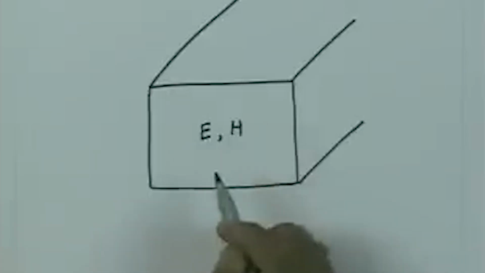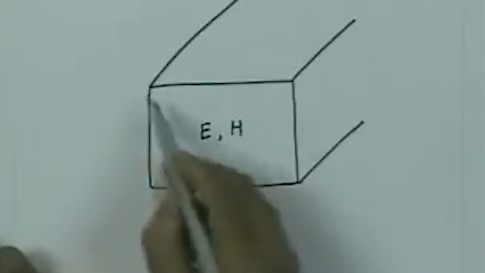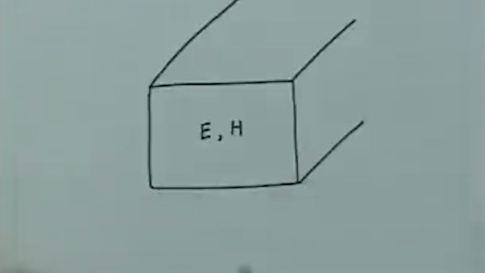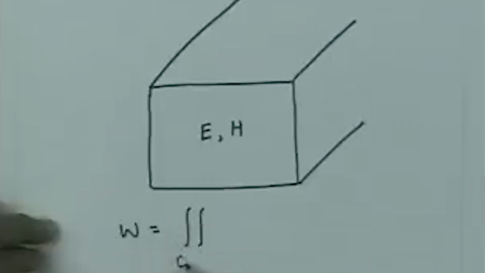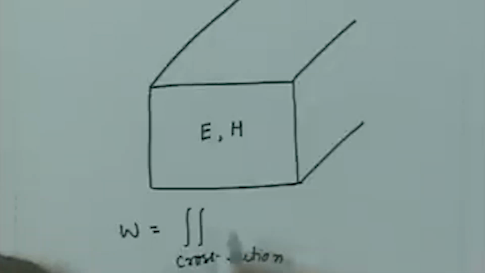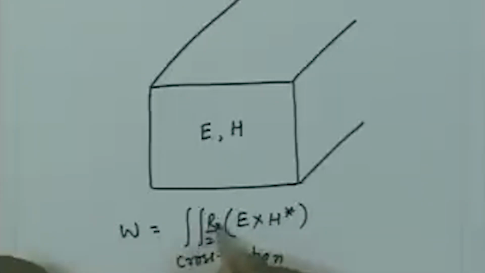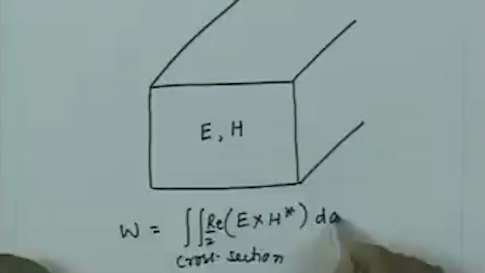Calculating E cross H, which gives me the Poynting vector, and integrating over the cross section gives me the total power flow inside the waveguide. So, W is the integral of half the real part of E cross H conjugate dA, where A is the area of cross section. That gives me the total power flow inside the waveguide.